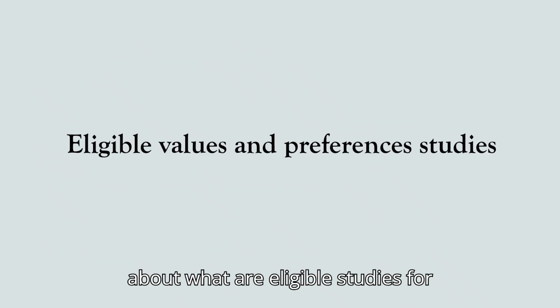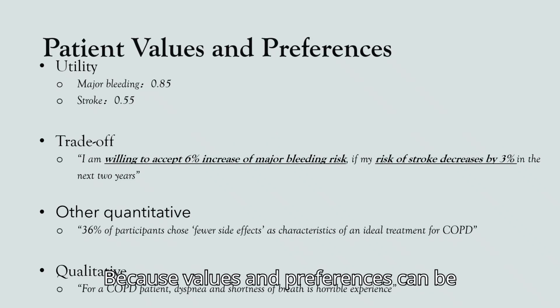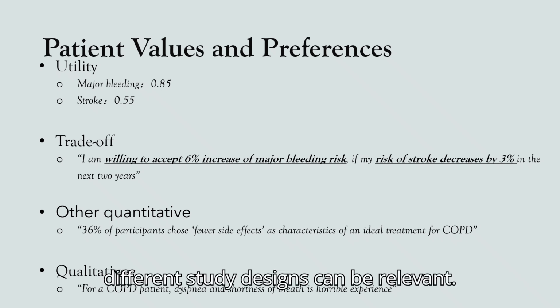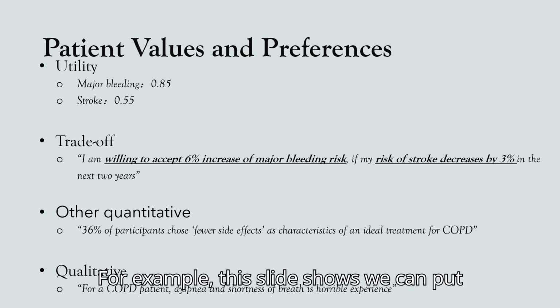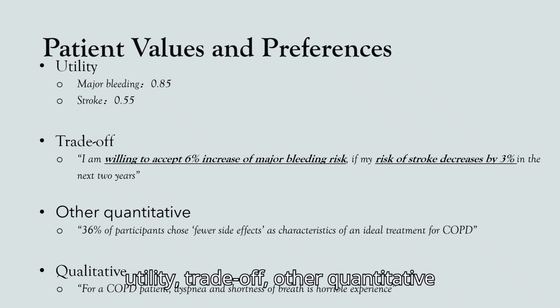Now let's talk about what are eligible studies for a values and preferences systematic review. Because values and preferences can be defined very broadly, as the importance people place on outcomes, many different study designs can be relevant. For example, this slide shows we can put studies into different categories such as utility, trade-off, other quantitative results, and qualitative results.